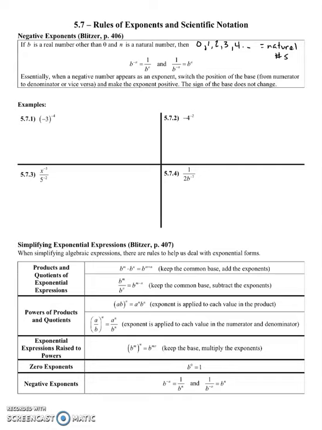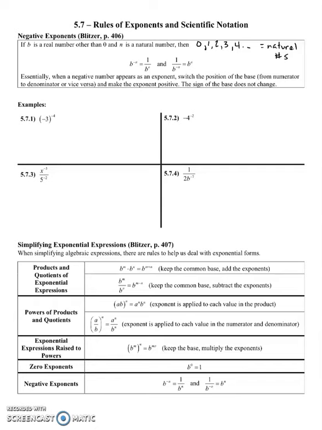So essentially, if you see a negative exponent in the numerator, you move it to the denominator and the exponent becomes positive. If the negative is in the denominator, you move it to the numerator and the exponent becomes positive.